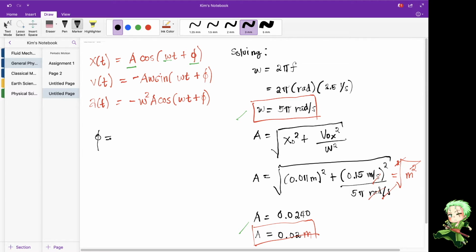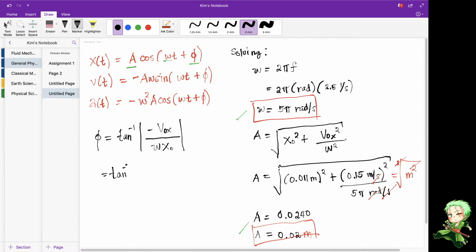Now, phi is just the tangent inverse of the absolute value of negative v naught x, since we are dealing with motion in x, divided by omega multiplied by x naught. Okay, so you simply plug in the values.